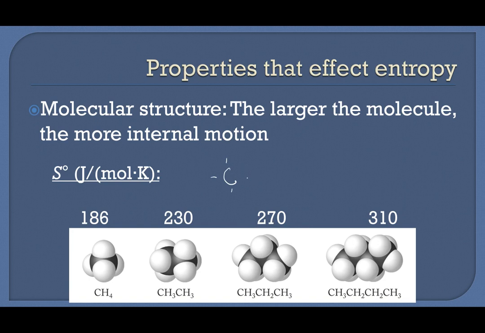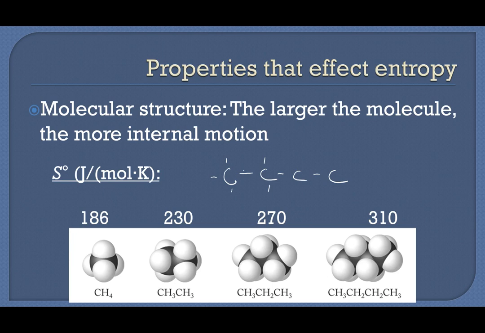In the second molecule, we've got 2 carbons connected together, with 3 hydrogens around each. In the third molecule, it's 3 carbons. Fourth molecule is 4 carbons. So all we're doing here is just adding a link to the chain, adding a carbon to the chain. And what we see is as the molecule gets larger, there's more internal motion within that molecule.